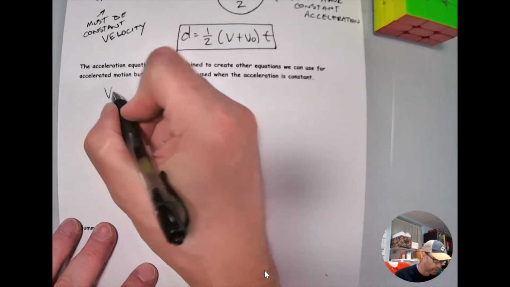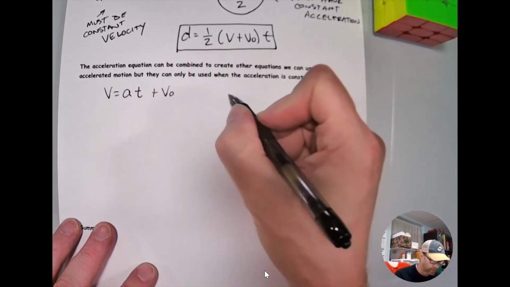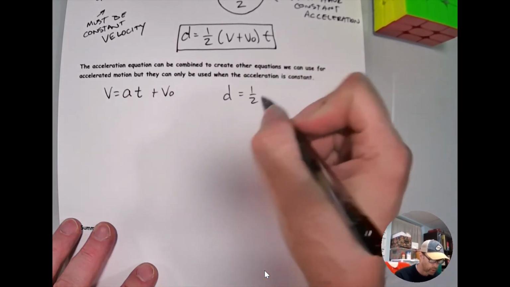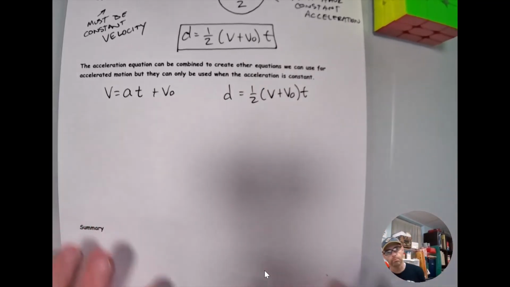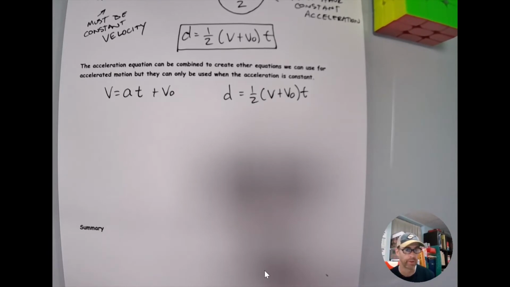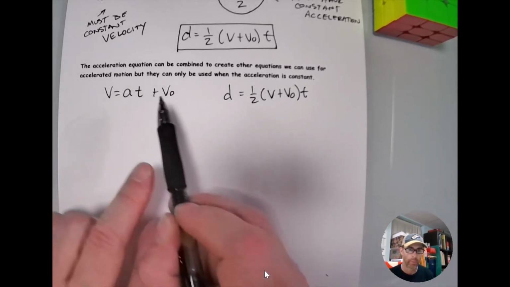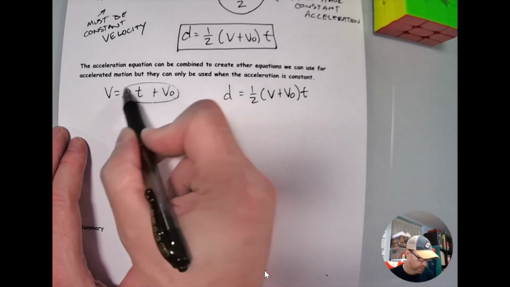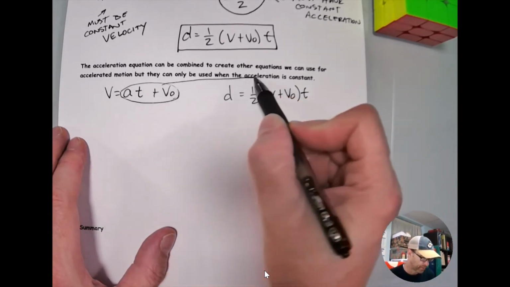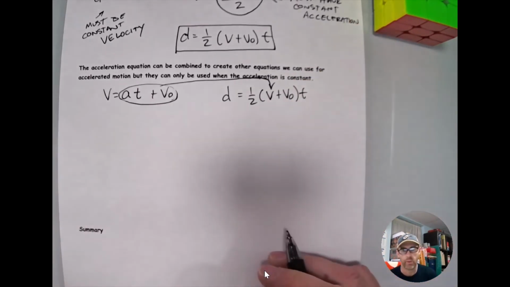So equation 1 was v equals at plus v naught, and the other equation was d equals 1/2 (v plus v naught) t. And the first substitution I'm going to do is going to be very simple. I see v is in both equations. So I'm going to take this and substitute that in for that v right there.